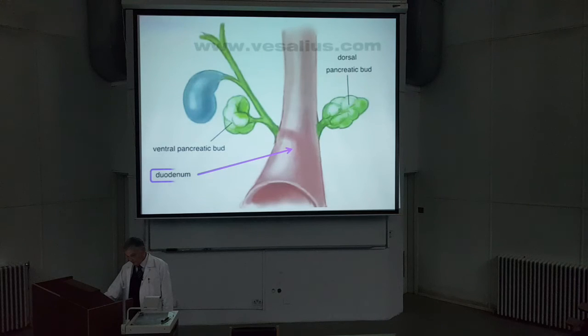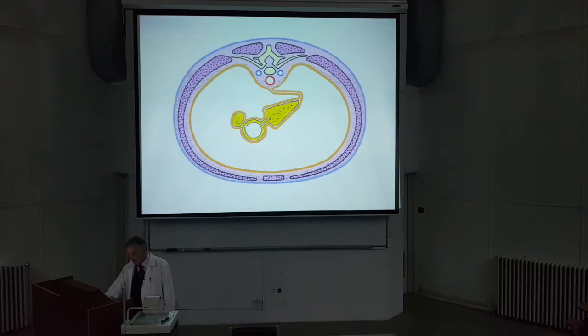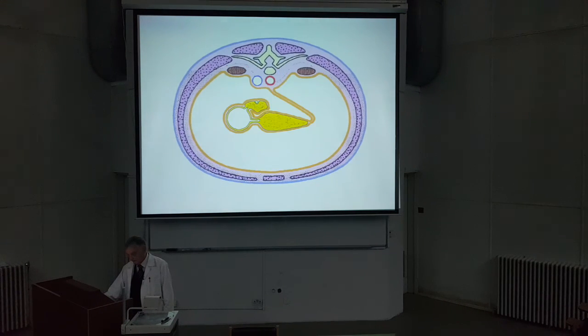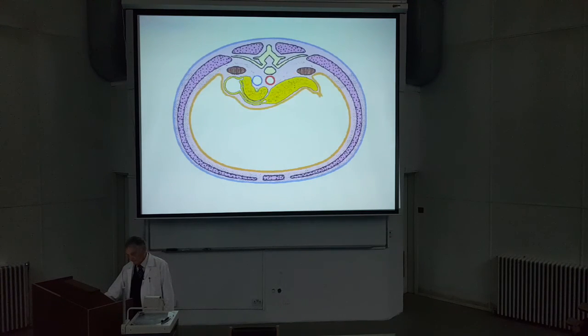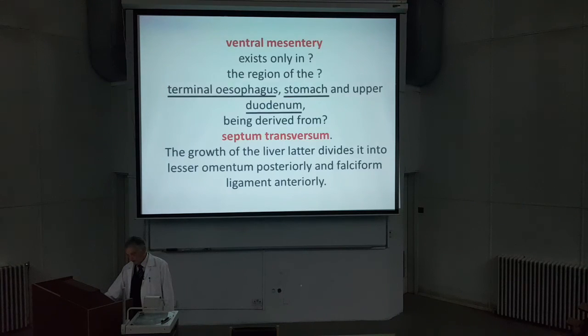That's the duodenum, ventral pancreas, dorsal pancreas. Rotation is going to happen like this. That's rotation of the liver.